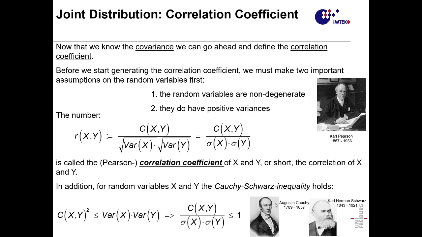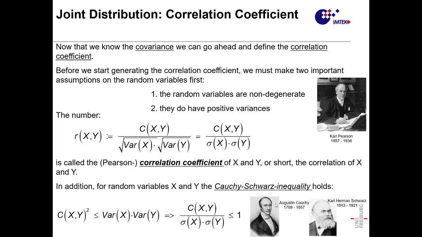The larger this ratio is, the more correlated they are, the more related the signals are. What it means that they are correlated is that when one is larger, the other is larger too, or when one is smaller, the other is smaller. So it's like they work together, they go together.